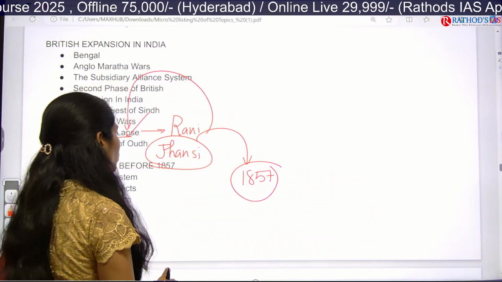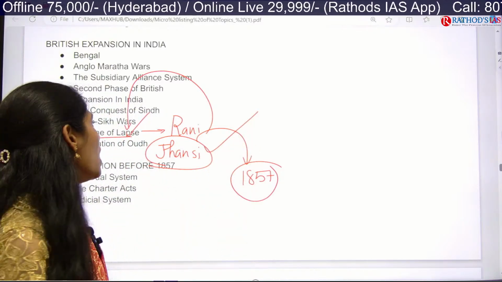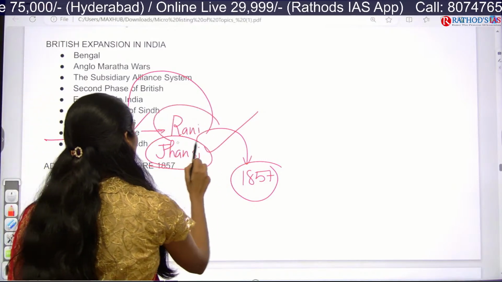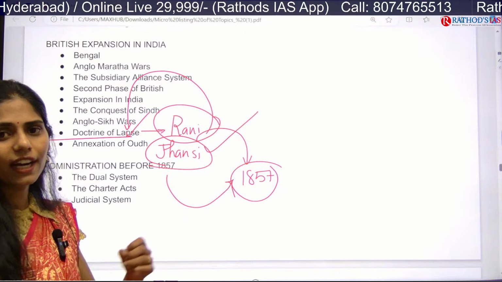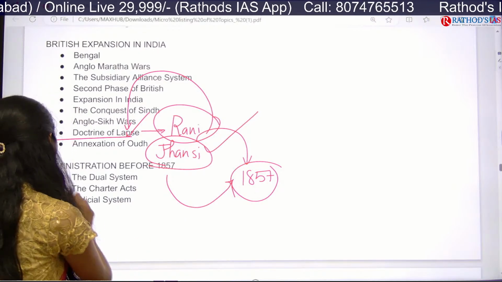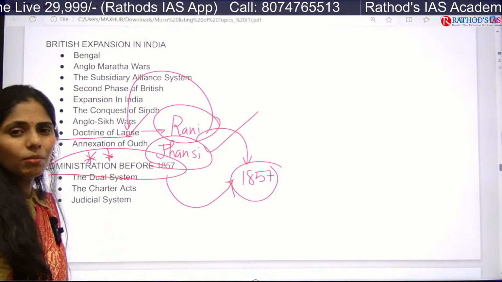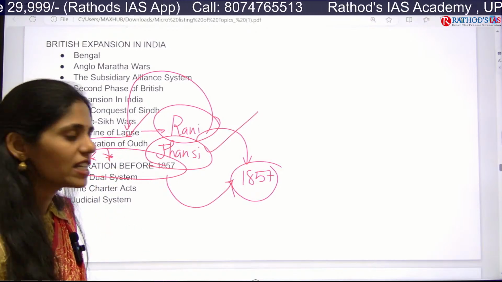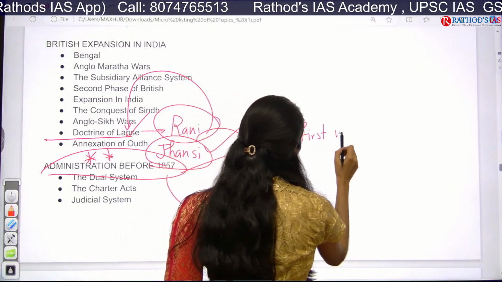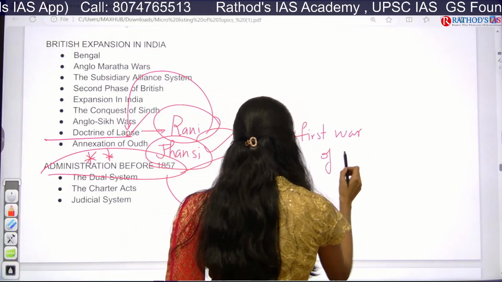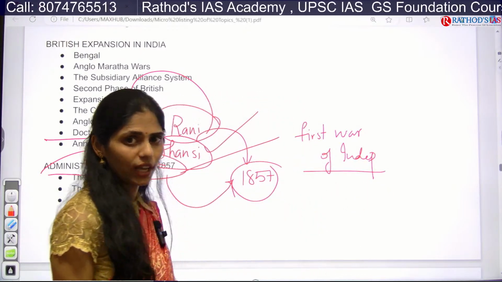Because of that, they annexed Jhansi, and because of this Rani Lakshmi Bai actively participated in the revolt of 1857. This revolt of 1857 is a very important topic, because till now we consider the 1857 revolt as the first war of independence. So what is this? This is the first war of independence. You have to know that.